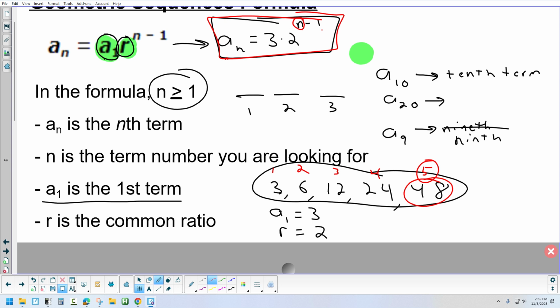Reagan, can you help me? How would I use that formula to predict the seventh term? Would we substitute the letters for the numbers? All right, so you are going to substitute in something. If we're trying to predict the seventh term, what number would we plug in?